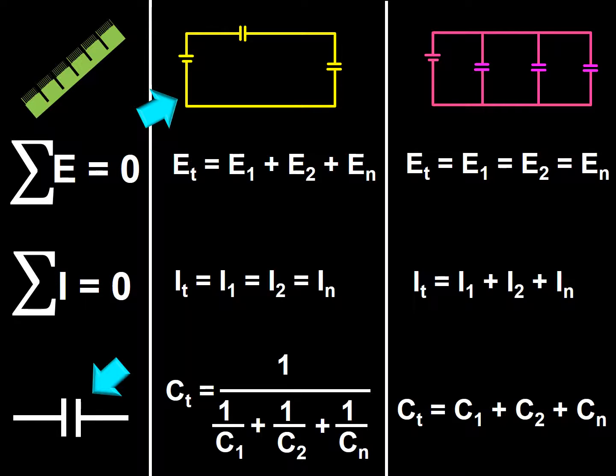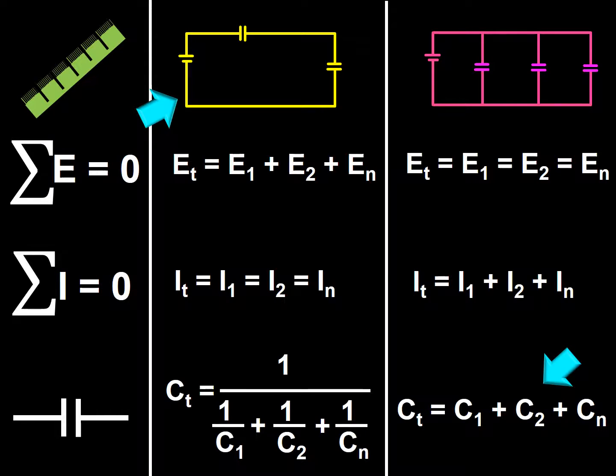Well, the reason I show you this frame is because the behavior of a capacitor regarding capacitance is different. When the capacitors are added in series, the amount of capacitance of the circuit decreases.